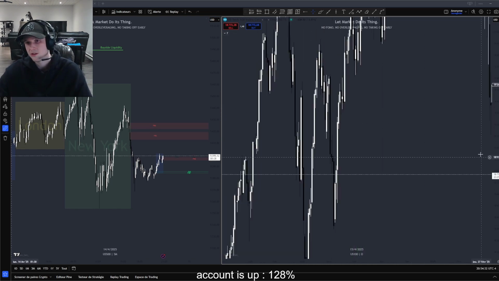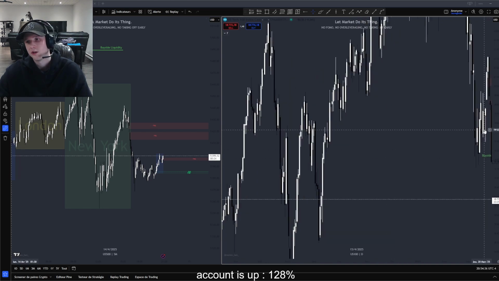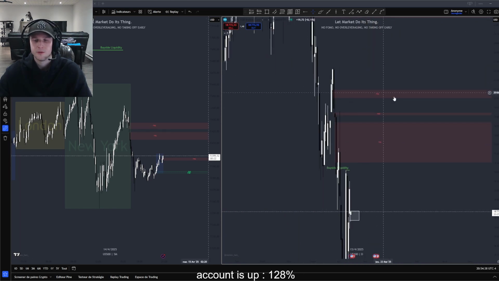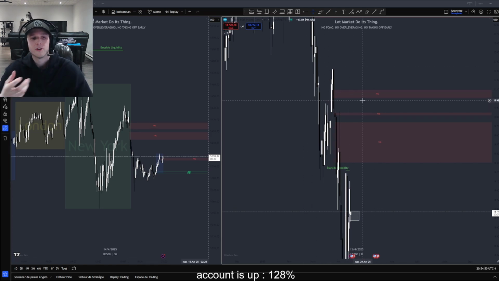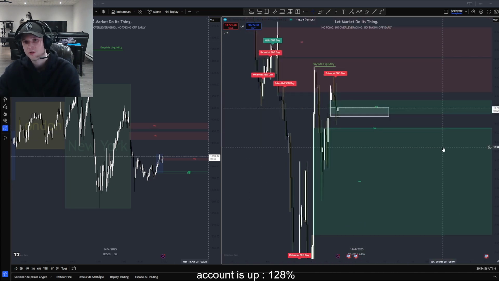There's also a time frame difference between the fair value gaps. Okay, so a daily fair value gap we could use as a draw on liquidity. Right, we've learned about those. So let's say this fair value gap here, we could say, okay, I think the market's going to be going here. Right. Okay. Once that's done, we're intraday traders. We do not use the daily fair value gaps or the 4 hour fair value gaps as entries, okay?